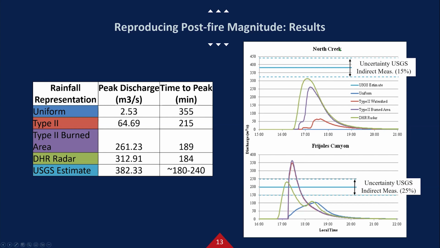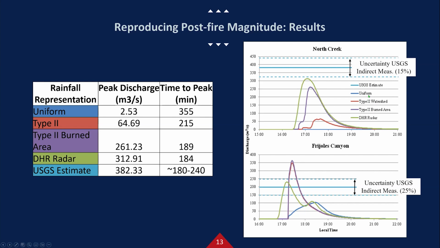So at North Creek, we can see using the radar, and these are the hydrographs from the model, that using the DHR radar rainfall estimate, we almost get to the lower band of the uncertainty level for North Creek, and that the uniform type 2 and type 2 over the burned area are shown here.